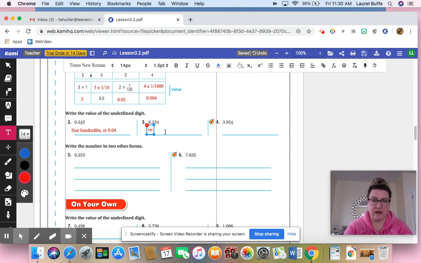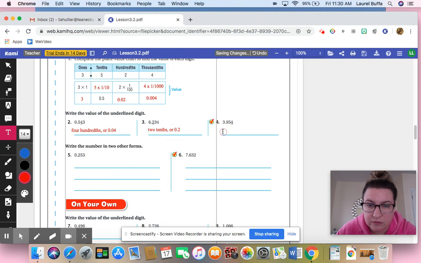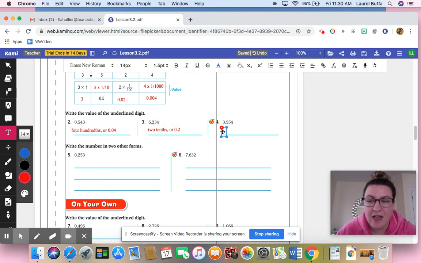So we would write that out in words, 2/10. The decimal would be 0.2. Let's do one more together. If we are 3 places to the right of the decimal point, we're talking about thousandths. So we would write that out as 4 thousandths or 0.004.